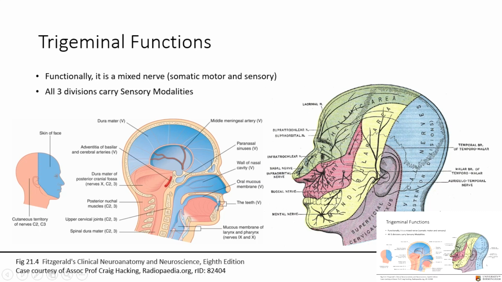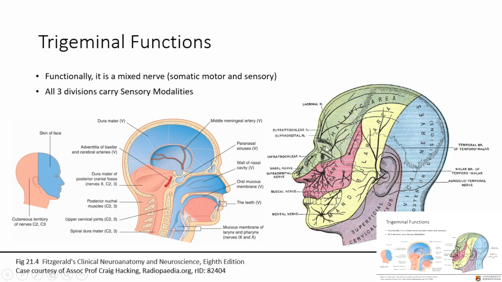So we have the general sensation here of the dermatomes of the face, and it will give us this pattern. If we look at the different sections of the dermatomes, this one here belongs to the ophthalmic division.